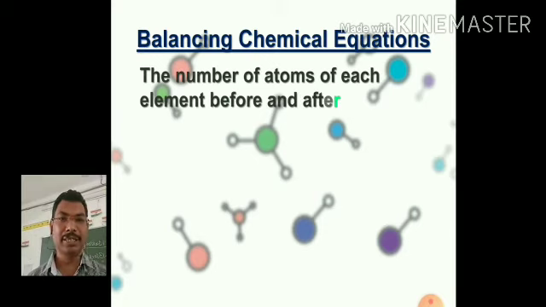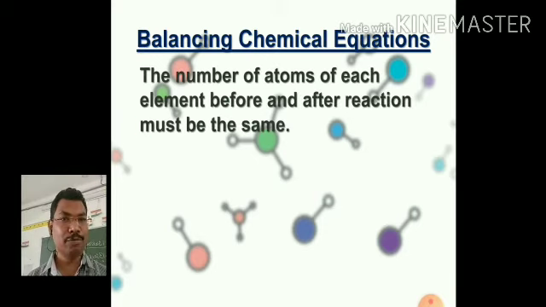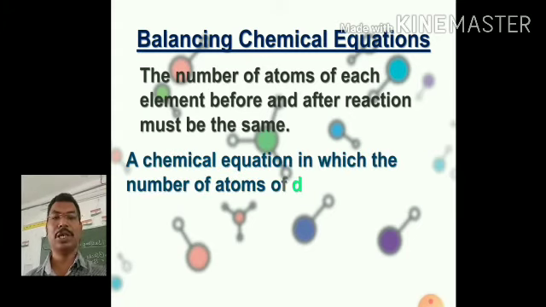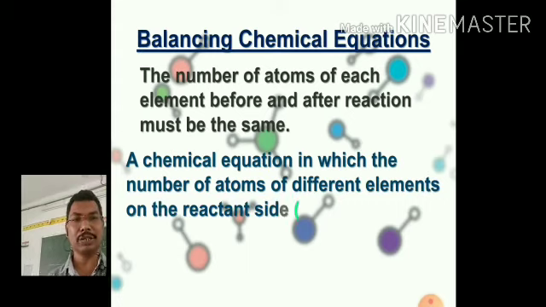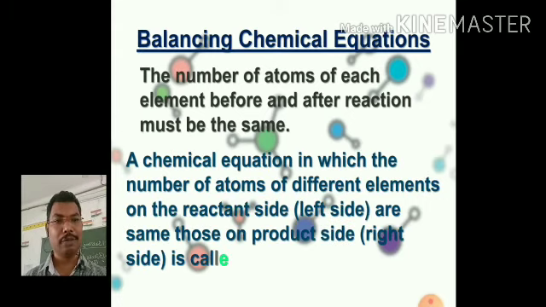It means the number of atoms of each element before and after the reaction must be the same. Count the number of atoms before the reaction and that will match the number of atoms after the reaction. So what is a balanced chemical equation? First let us define it.